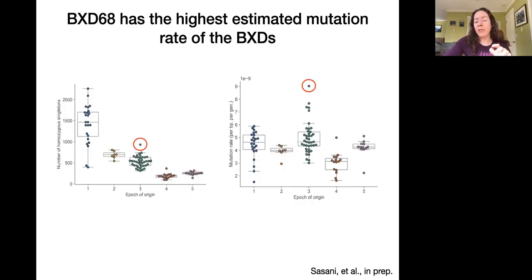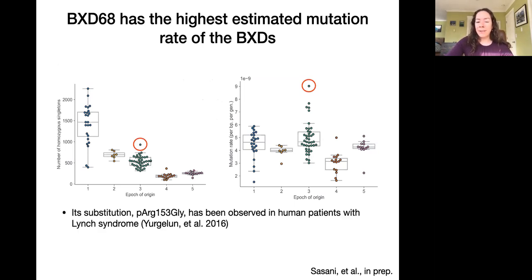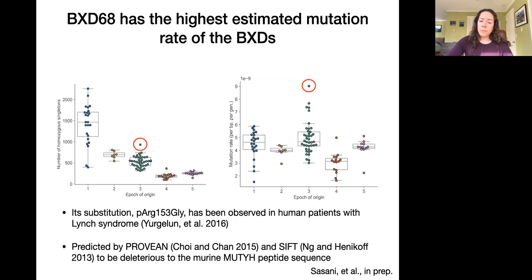So this is to show you that BXD68 has the highest estimated mutation rate of all the BXDs, about twofold elevated above the mean. And this is evidence from PROVEAN and SIFT programs that this mutation is deleterious to the murine MUTYH sequence.